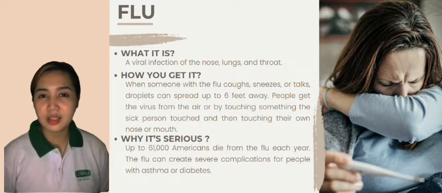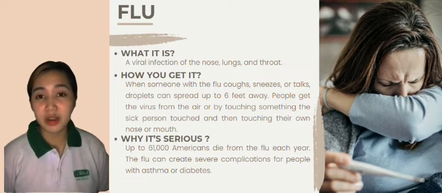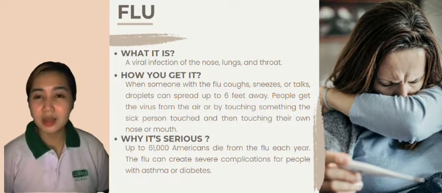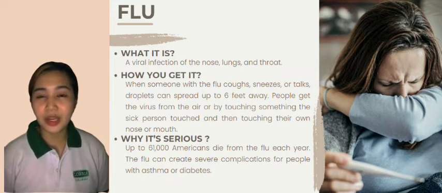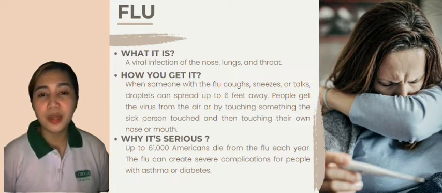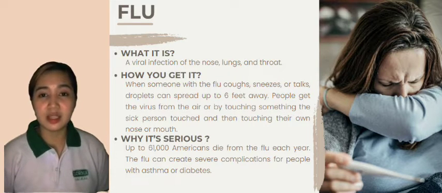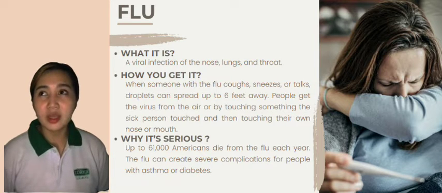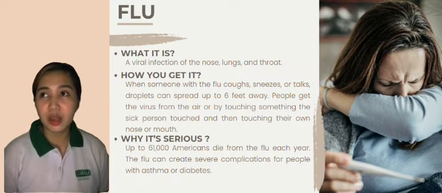So let's now move on to the next one, flu. What is it? Flu is a viral infection, a contagious respiratory illness caused by influenza viruses that infect the nose, throat, and sometimes the lungs. So how can someone get the flu? When someone with the flu coughs, sneezes, or talks, droplets can spread up to 6 feet away. Just like measles and whooping cough, it can also spread through the air when someone who has it coughs or sneezes.